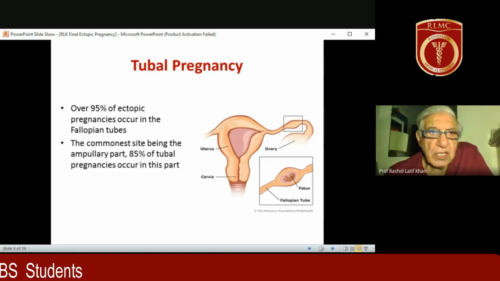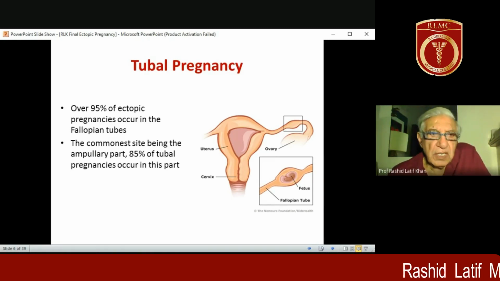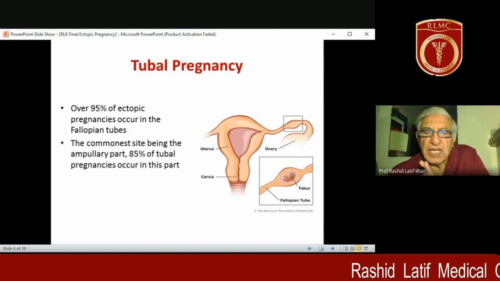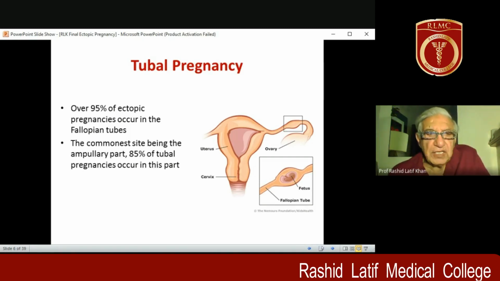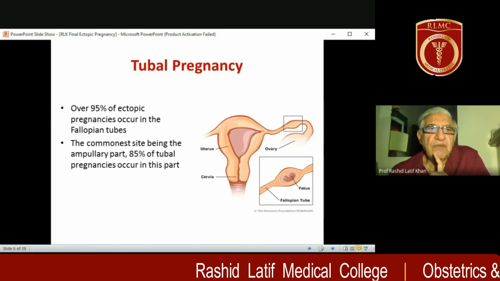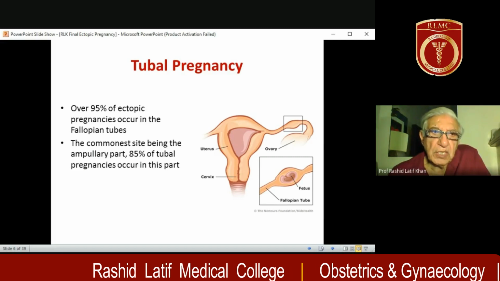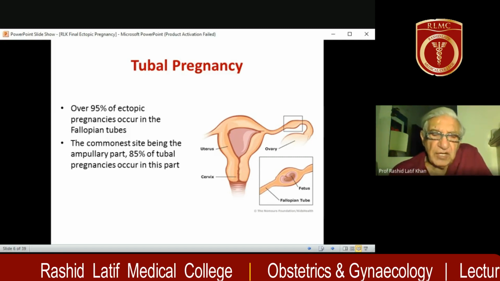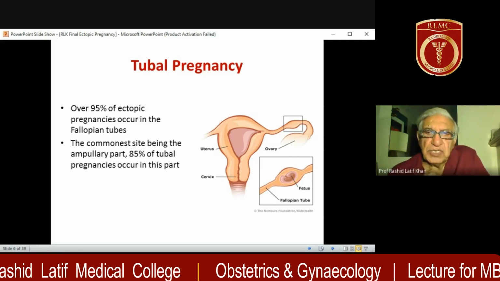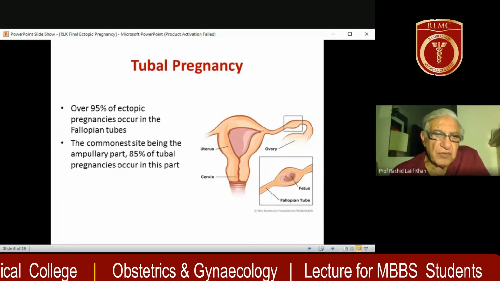So in tubal pregnancy, 95% of ectopics are in the fallopian tube, and the common site in the tube is the ampullary part, where fertilization takes place near the fimbrial end, the lateral part of the fallopian tube. So most of the ectopics are in the tube, and within the tube, most of the pregnancies are implanted in the ampullary part, that is the lateral part of the fallopian tubes.